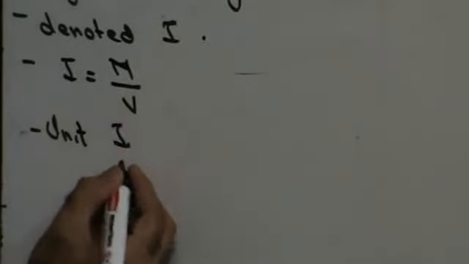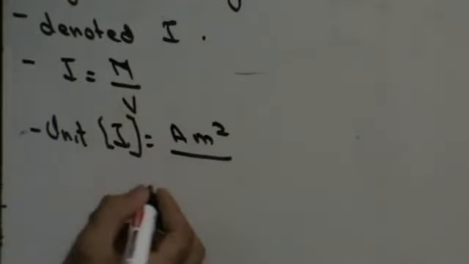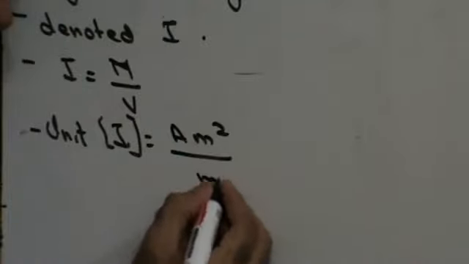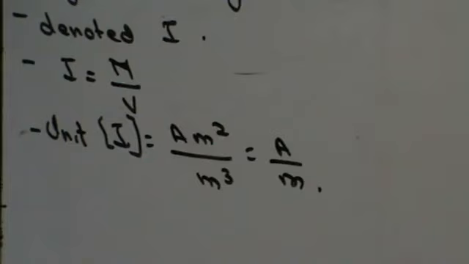The unit of intensity of magnetization is magnetic moment, which is ampere meter square, upon volume, which is meter cube. So this is going to be ampere per meter, right? So intensity of magnetization also has a unit of ampere per meter.